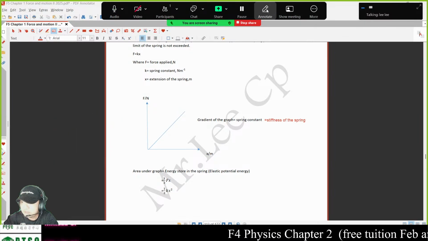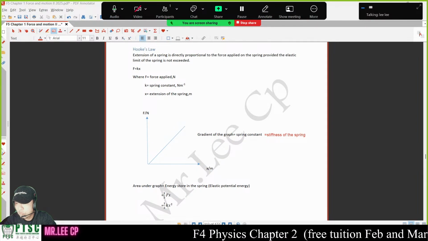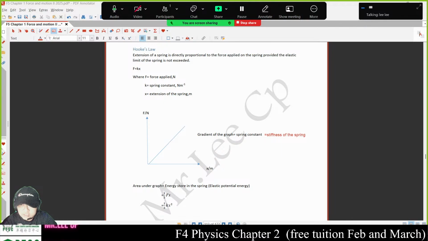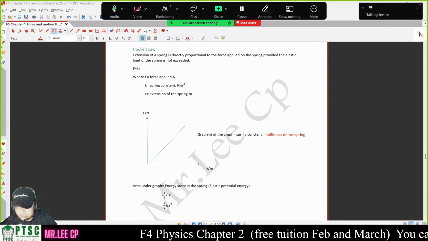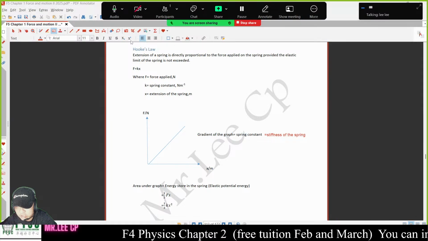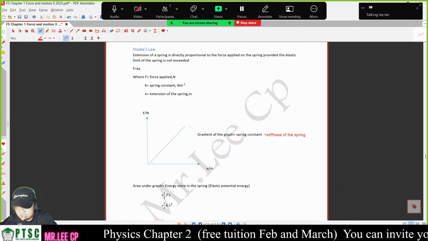Now, going back to here, the extension of the spring is directly proportional to force, provided the elastic limit of the spring is not exceeded. For every spring, it has one elastic limit.